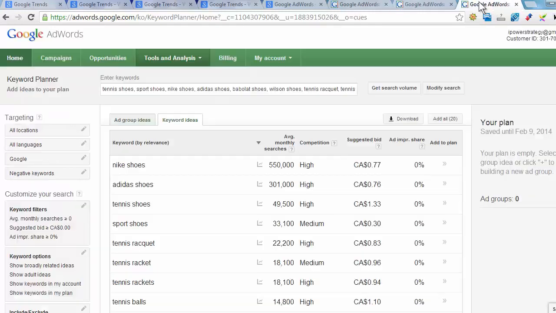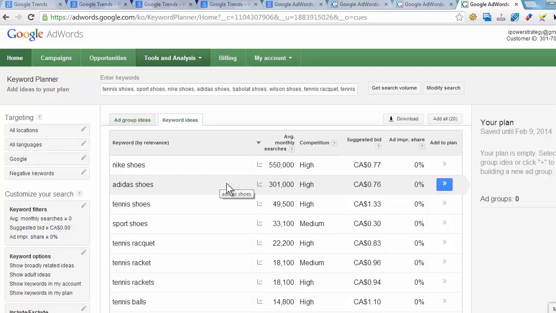But now let me see what happens when I submit those search phrases and click on keyword ideas. I get very interesting information. For those people who are very analytical, this is a great tool to discover what's going on with various phrases. So for example, let us see the first two.